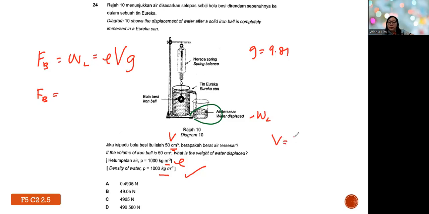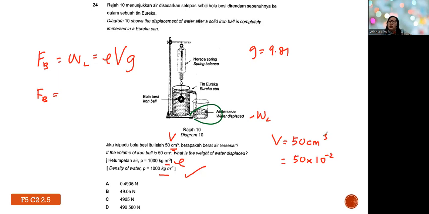So the volume is 50 centimeter cube. You're supposed to recall what you learned in Form 1, and a teacher always reteaches it in Form 4. All these prefixes you really need to know. So centi is basically 10 negative 2. One thing students always get wrong is not looking into whether it is cube, square, or merely length.